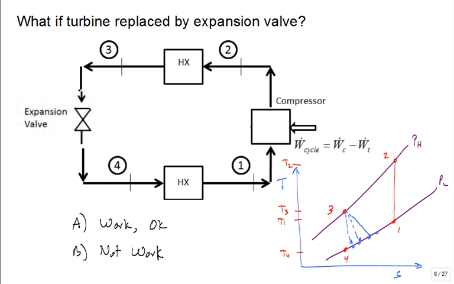Let me ask this. What is true about some properties between state 3 and state 4 for that expansion valve? It's H3 equal to H4, true? If we assume constant specific heats, C sub P is equal to a constant. What else do I know about another property at 3 and another property at 4? Is S3 equal to S4?